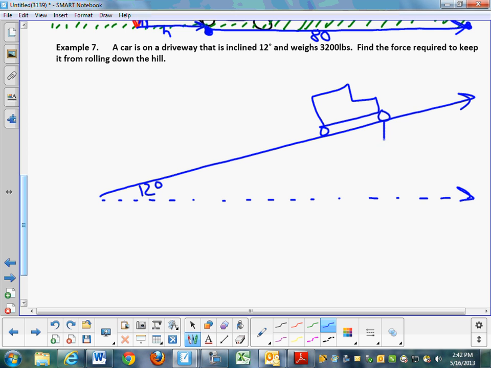So I have a force that's going straight down perpendicular to the horizontal of 3,200. The question is the force required to keep it from rolling down the hill. So this is the question that Tyler asked earlier that we want to try to diagram. Which vector do I draw to represent force required to keep it from rolling down the hill?